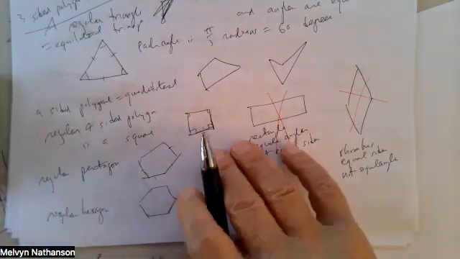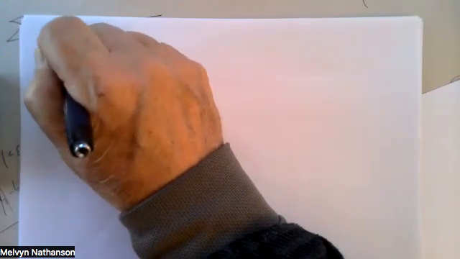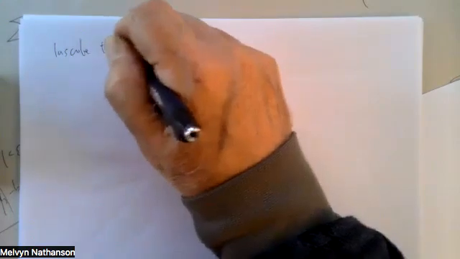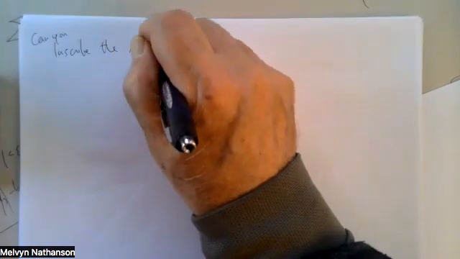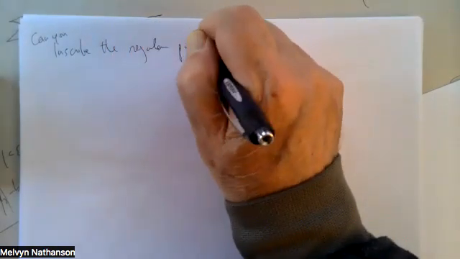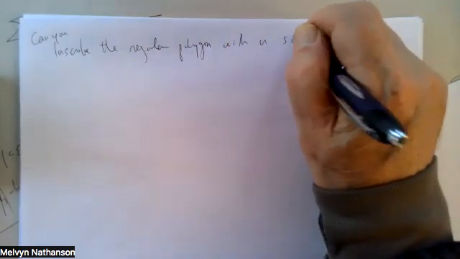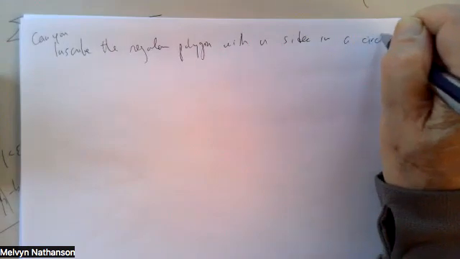In particular, there is the following problem in Euclid or in Greek geometry. Is it possible, say, can you inscribe the regular polygon with n sides in a circle?